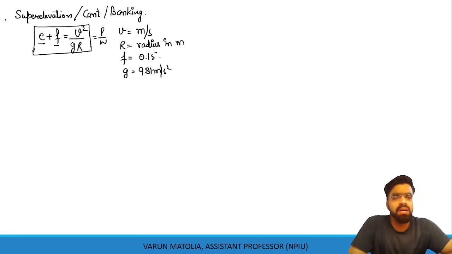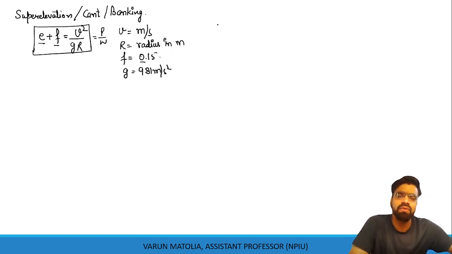And this V square by GR is countered by a combined effort of super elevation and this lateral friction. As you can see, the value of lateral friction is 0.15 and E itself helps you to get a horizontal component or a counter component for weight. So these two components help us to counterbalance this centrifugal force.